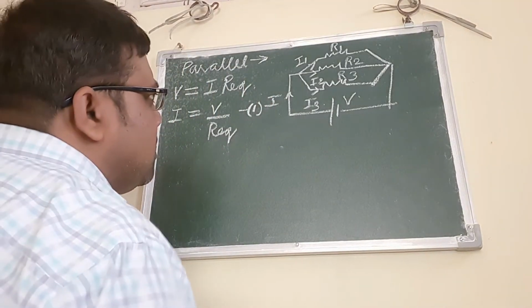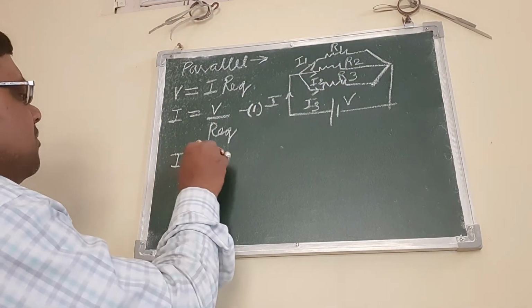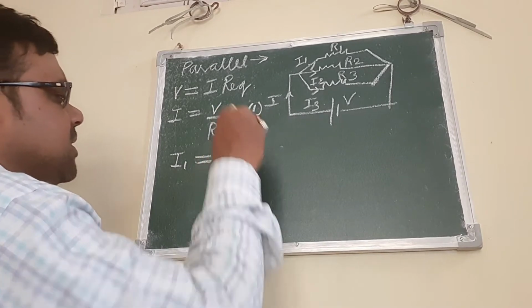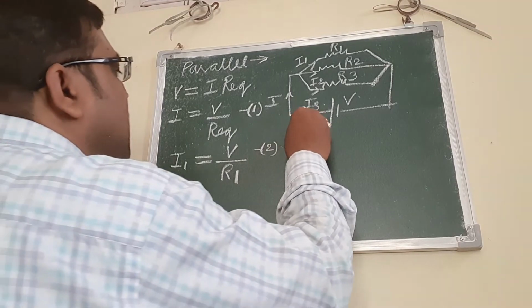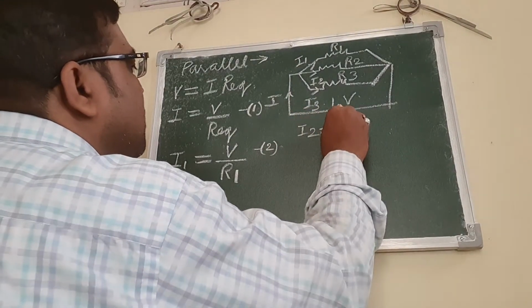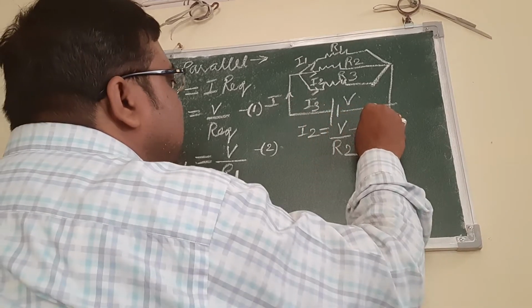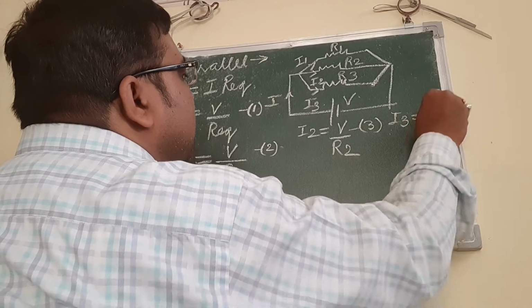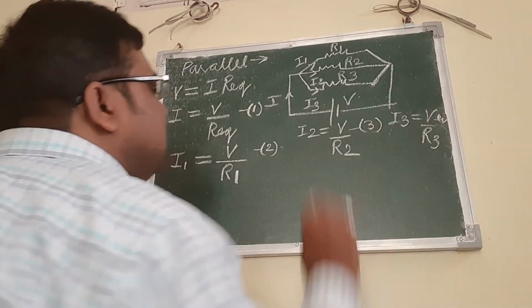Similarly, from Ohm's law we can write the equation for I1. The voltage will be the same, so I1 is V upon the respective resistance, that is R1. This is our second equation. I2 equal to V upon R2, this is our third equation. I3 equal to V upon R3, this is our fourth equation.